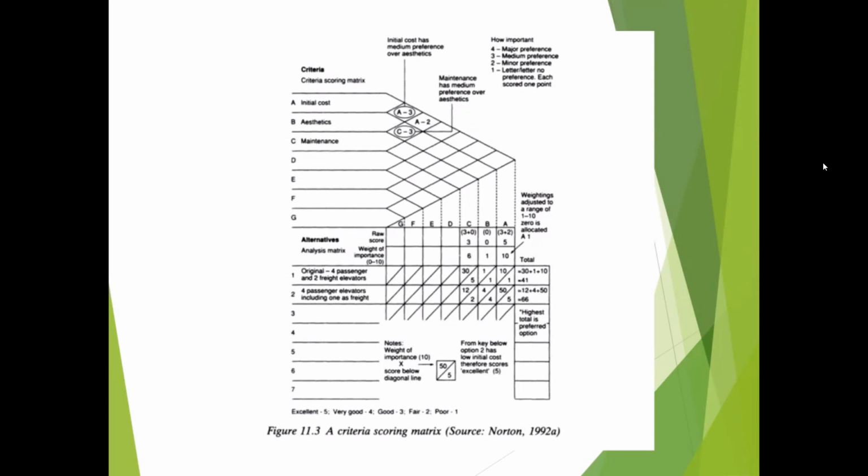Yes, ma'am. Okay. Right. And then for each and every criterion, you add the scoring to get the total score. For A, as per what is indicated in the diagram, A receives 5 and C receives 3 and B will be 0.